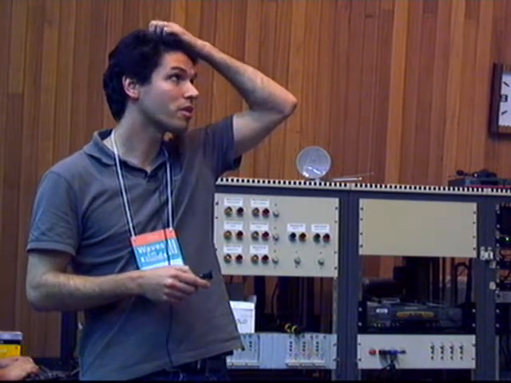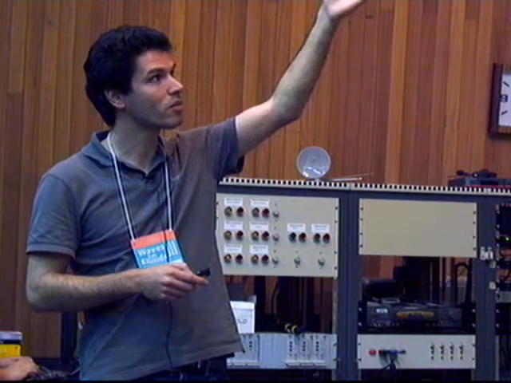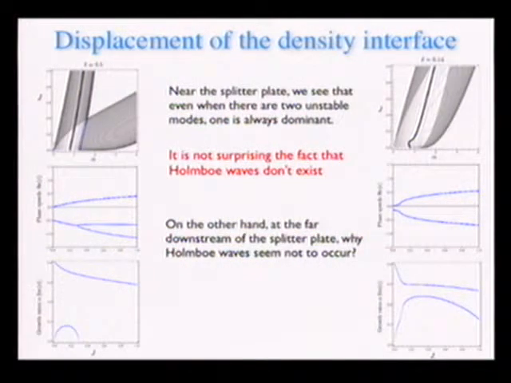For example, we took 0.14 just to see that there is something different, and here we realize the following. This curve is pretty much included in the white region, which means two unstable modes. But let's compare the growth rates. One is like this, and the other is like that. If we are looking for counter-propagating waves, we should be close to here, because this is the point where the instabilities are more comparable.